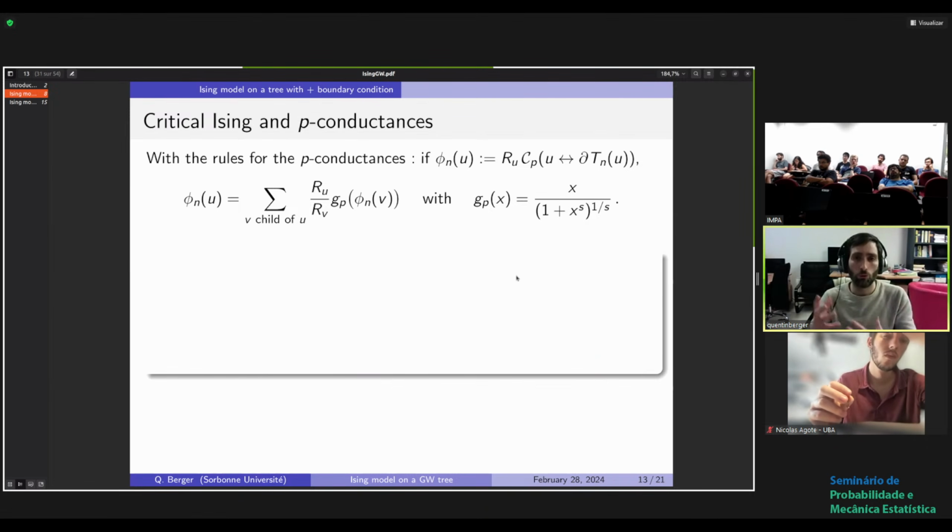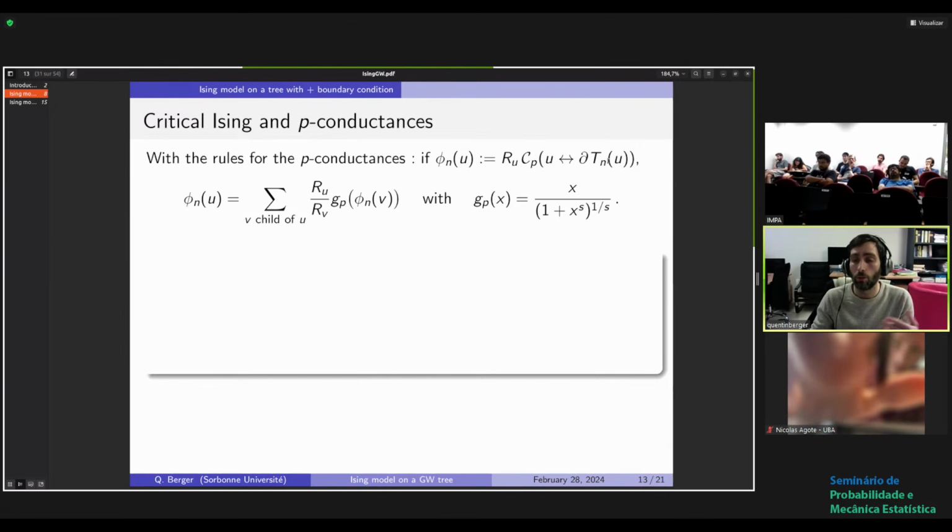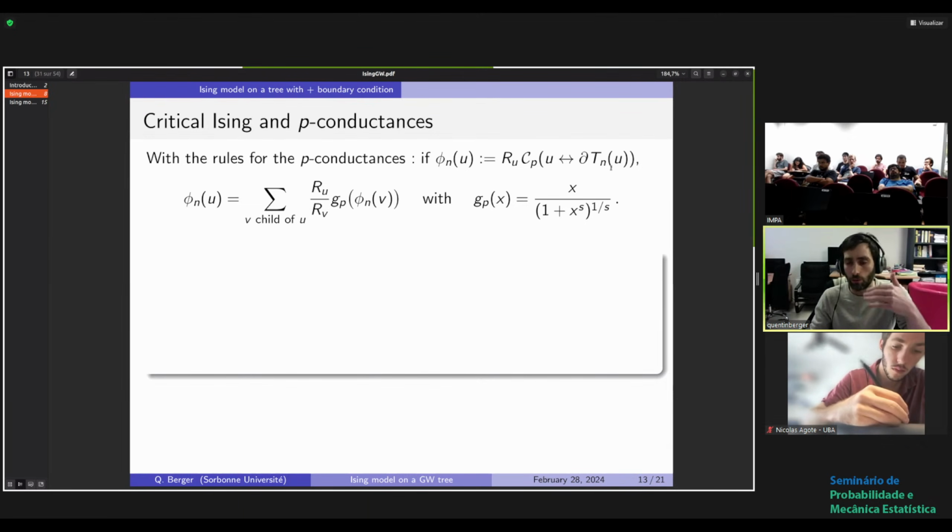So you have the rules to compute conductances of resistive networks. What you can do is consider, on a tree of depth n, the effective conductance between a vertex u and the boundary. These are the leaves. You have your vertex u of your tree, and you're looking at the resistive network which is the subtree above u.